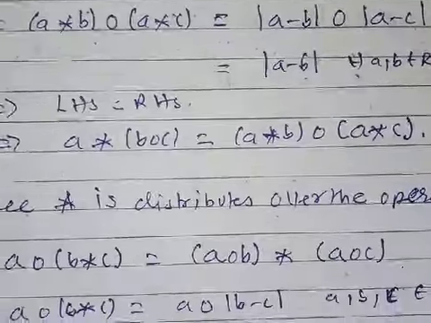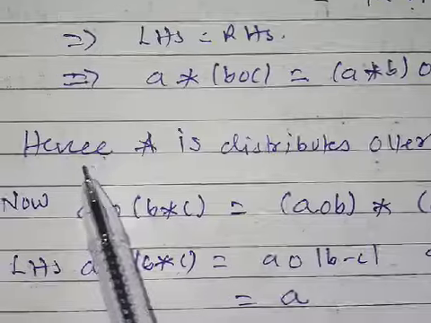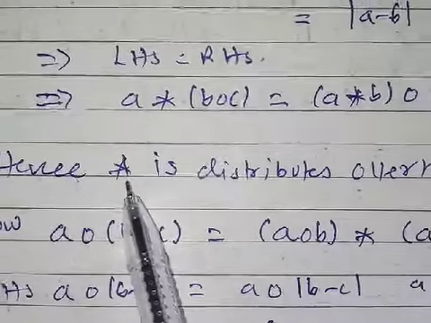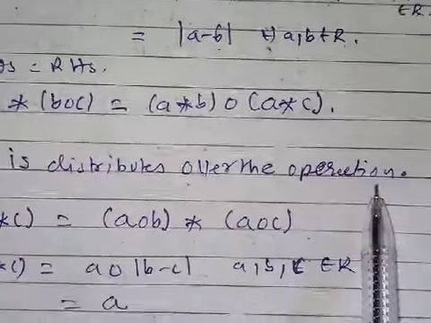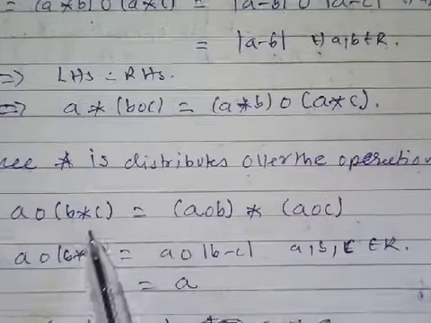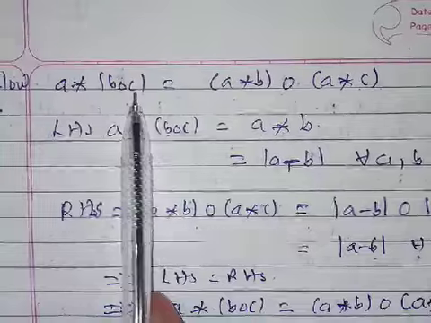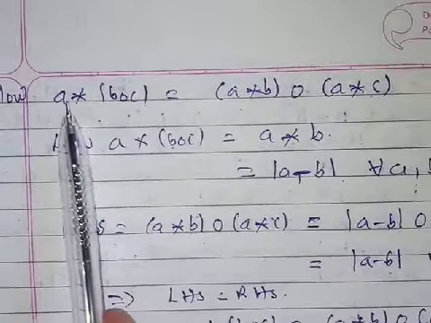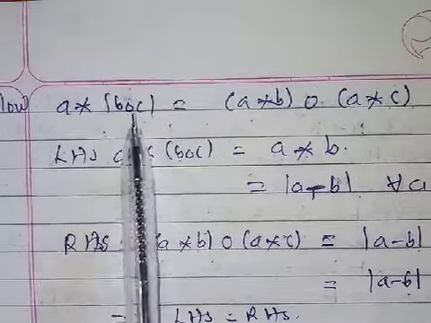Hence star is distributive over the operation O, which can be written as A star (B O C) equals (A star B) O (A star C).